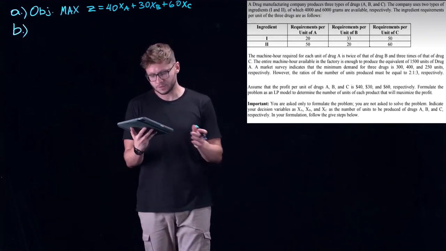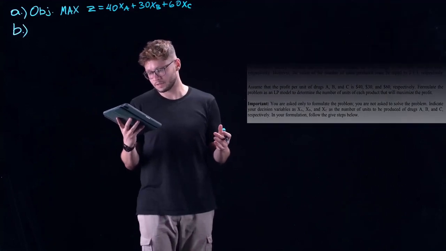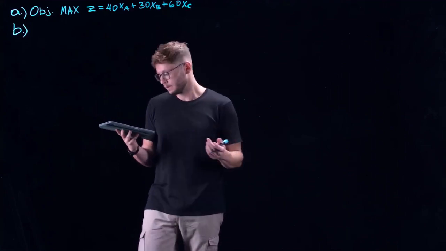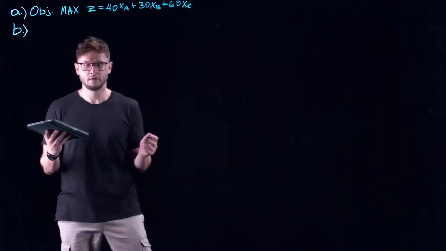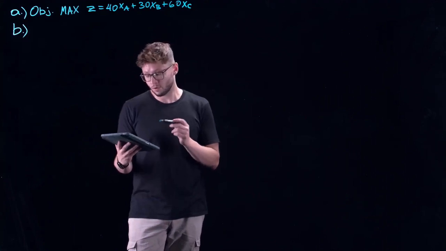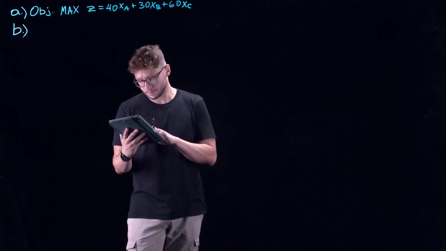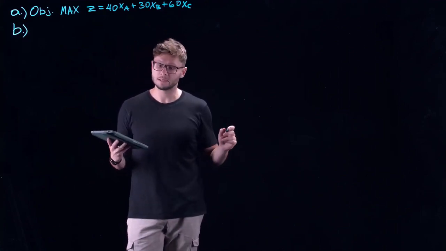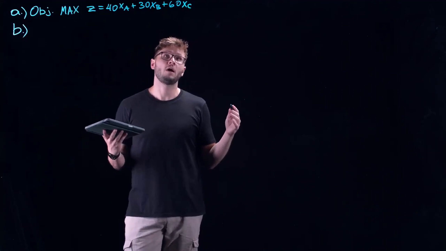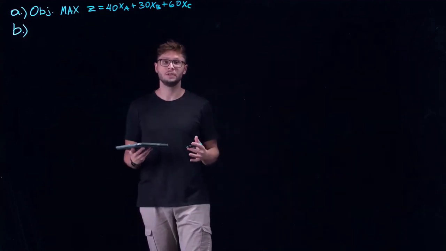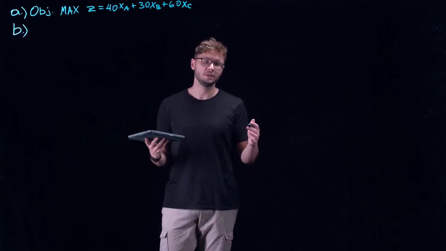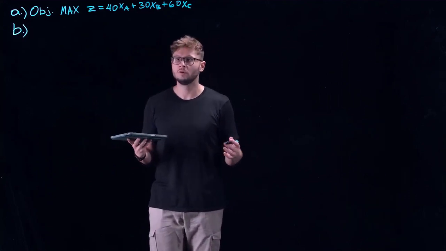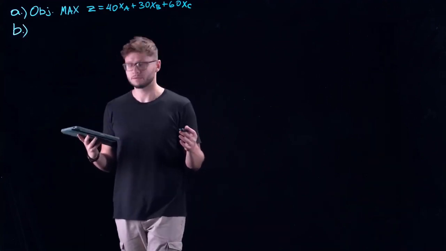So the number of units produced and the maximum amount of ingredient 1 available can be correlated by an inequality. So if you only have maximum, as stated in the question, 4,000 grams available of ingredient 1, that means that the sum of all of the ingredient 1 used in all three drugs is going to have to be smaller or equal to 4,000.